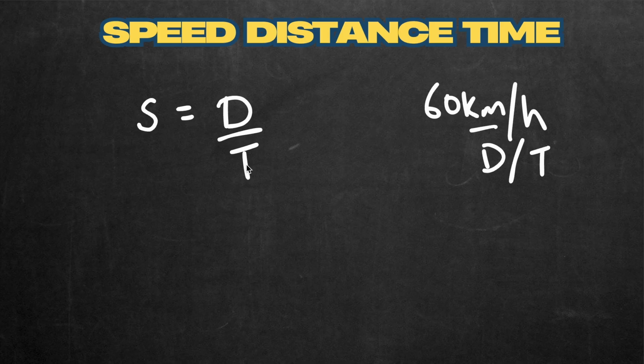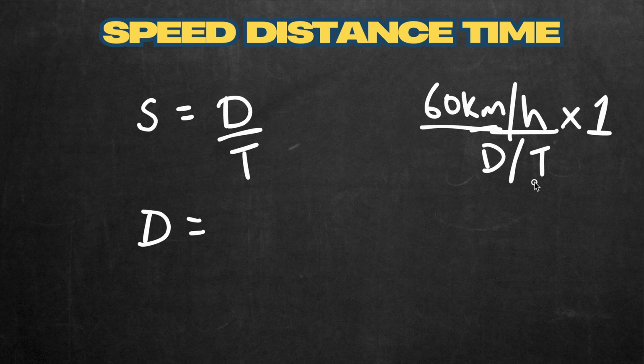So what will distance be equal to? If a car goes at a speed of 60 kilometers per hour for 1 hour, how much distance will it cover? It will cover a distance of 60 kilometers. So 60 times 1 is 60.